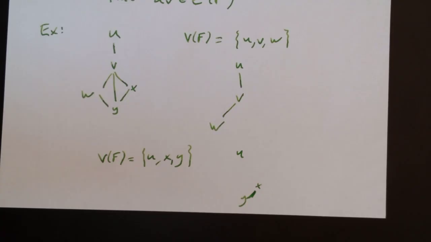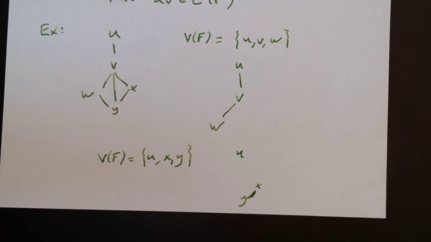Now that's actually an interesting difference, because this new subgraph is definitely different than the other one. There's a fundamental characteristic that's different. So this is an important idea of what sort of things we want to think about. I would call this a vertex-induced subgraph.